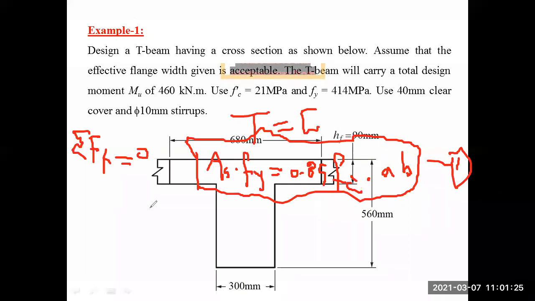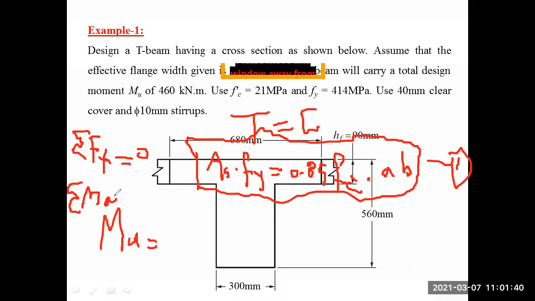The second thing that we make use of in both analysis and design is Mu. Mu is equal to what? You take the summation of Fx equated to 0, and the summation of moment about either the compression zone or the tension zone, and you equate it to 0.